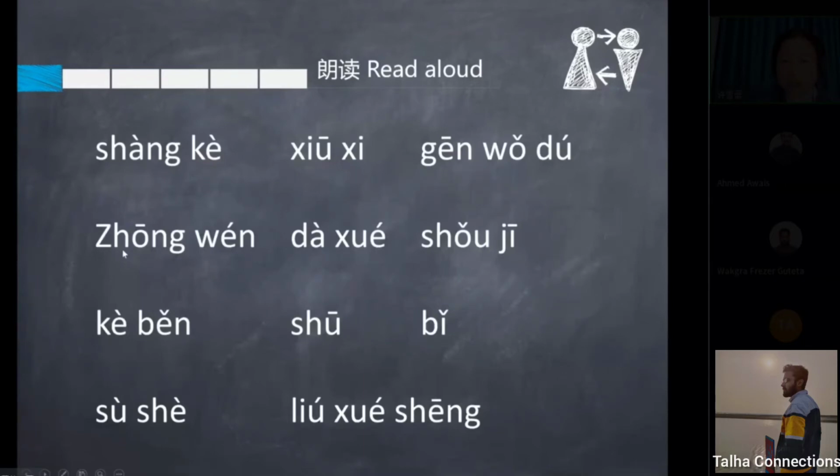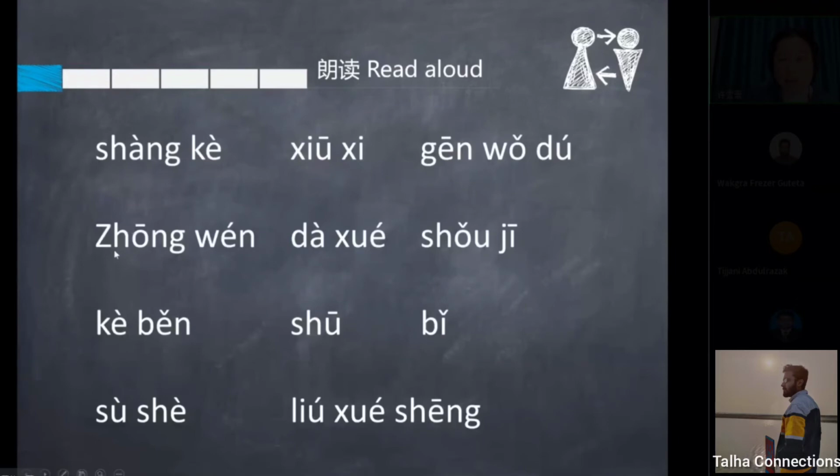中文，中文. Which means Chinese language. This is one term for Chinese language.